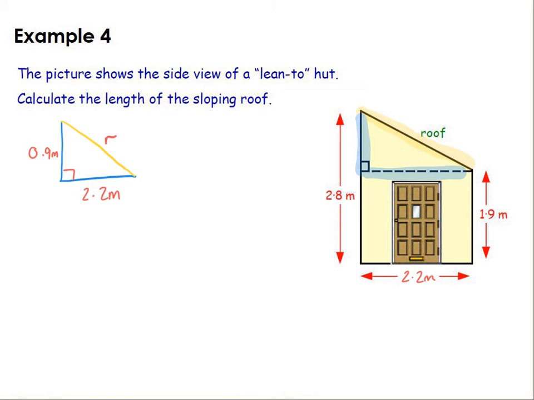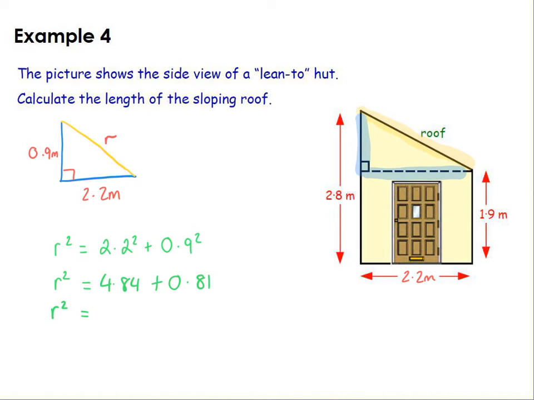Okay, we're now ready to use Pythagoras. R squared is equal to 2.2 squared plus 0.9 squared. 2.2 squared is equal to 4.84. And 0.9 squared is equal to 0.81.